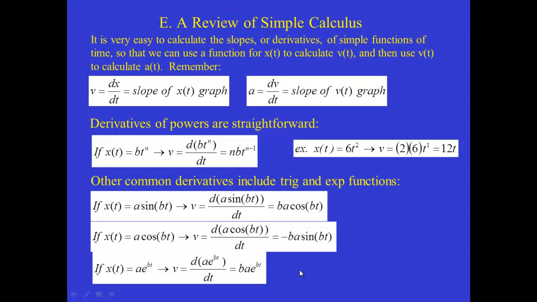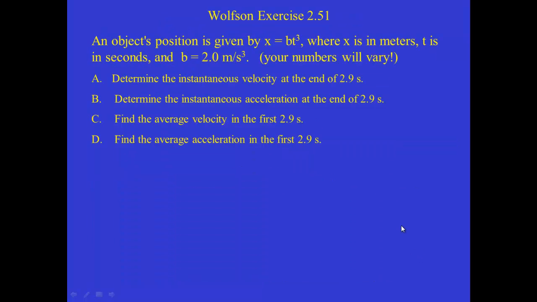Okay, so what I really want to focus on right now is a problem where you will make use of the simple rule for finding the slope or the derivative of these polynomial type functions in order to do interesting kinematic calculations. Here's an example from an exercise in the textbook, Wolfson exercise 2.51.